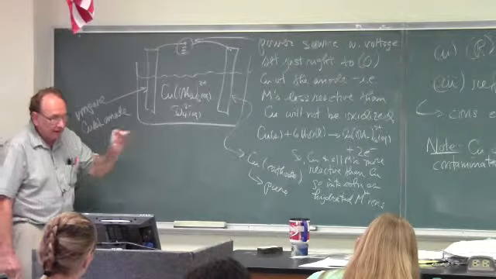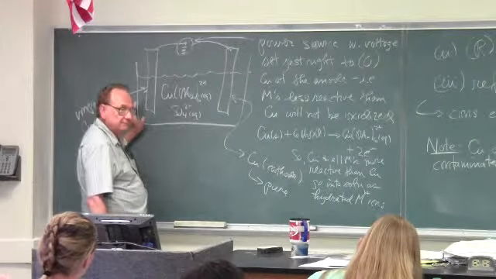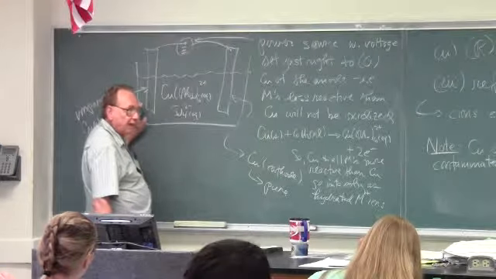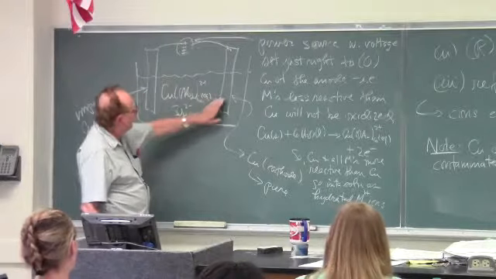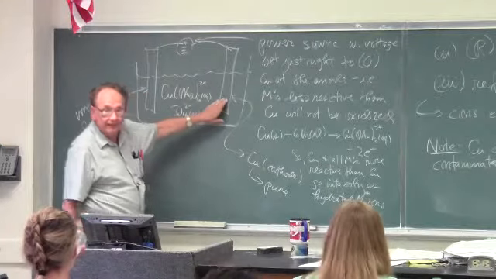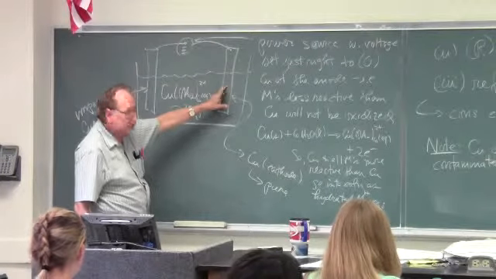Now, recognize that if I've got the voltage set just right, the minimum required to oxidize copper at the anode, then at the cathode, I've got to have the same voltage. I can't apply across two electrodes different voltages.